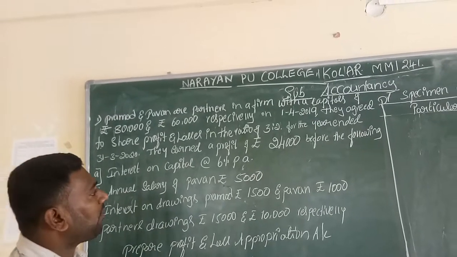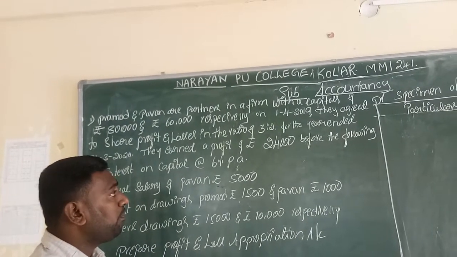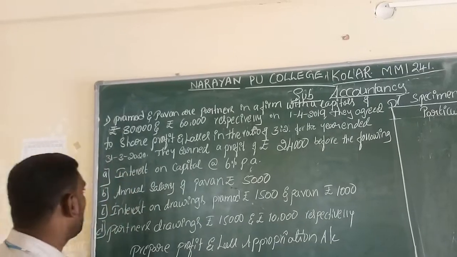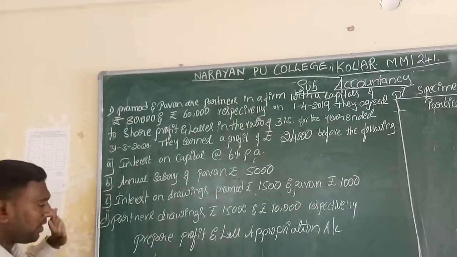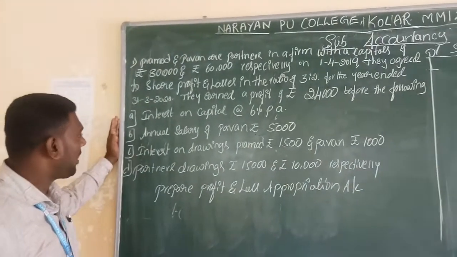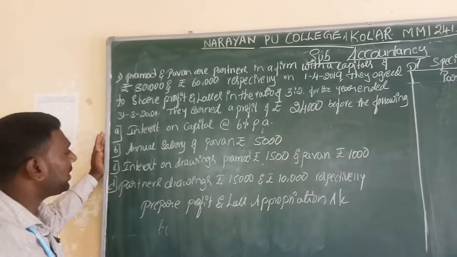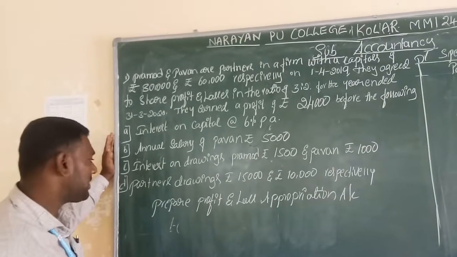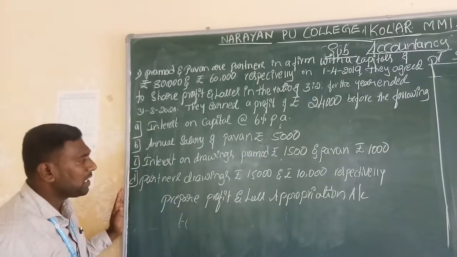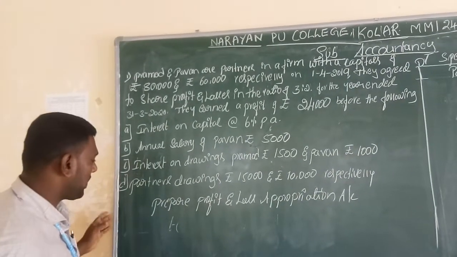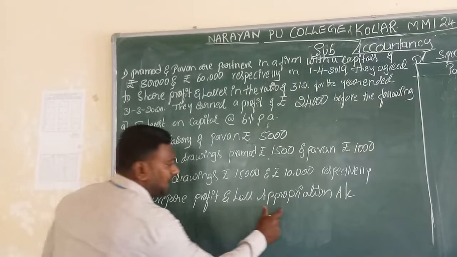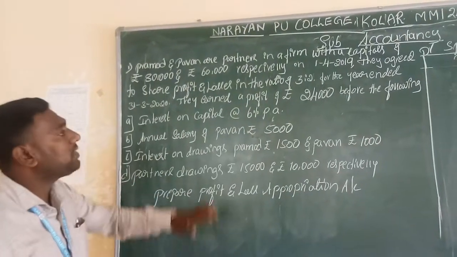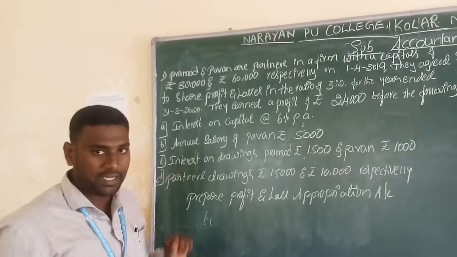They earned a profit of rupees 24,000 before the following adjustments. Four adjustments are given: interest on capital, annual salary of Pawan, interest on drawings of Pramod and Pawan, and partners' drawings of rupees 15,000 and 10,000 respectively. Prepare profit and loss appropriation account. This is the question, given in a simple manner.